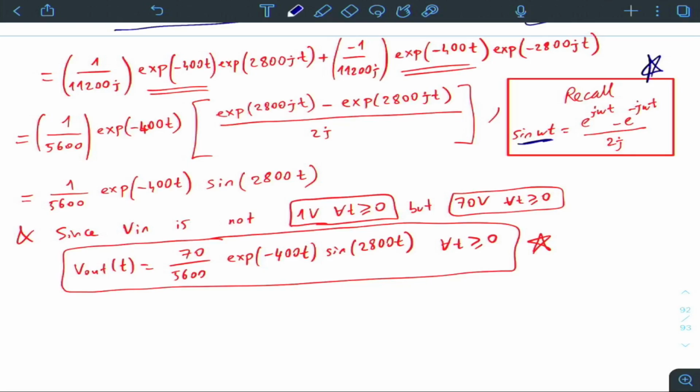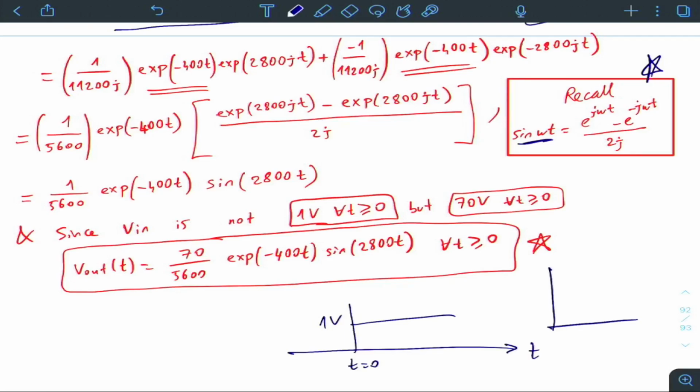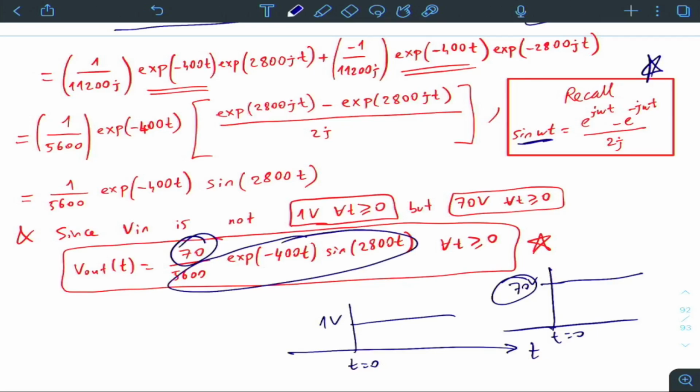Since we only supplied a step, meaning we only supplied 1 volt at t equals 0, but we needed to supply 70 volts, we need to supply this, and I'm just going to multiply it with 70. All other terms are the same, and this is the answer. Thanks for watching.